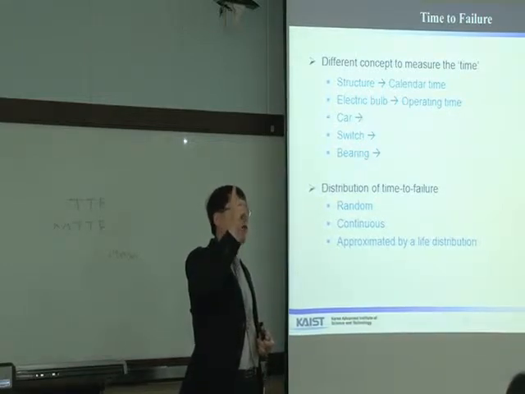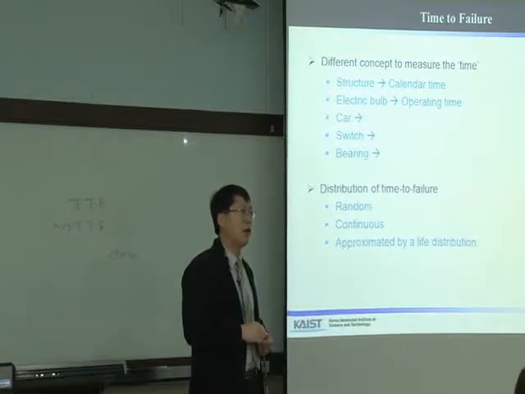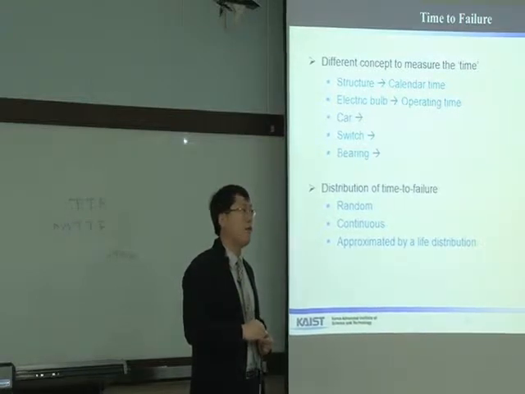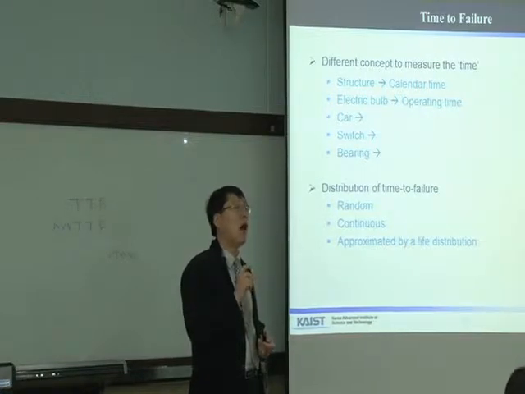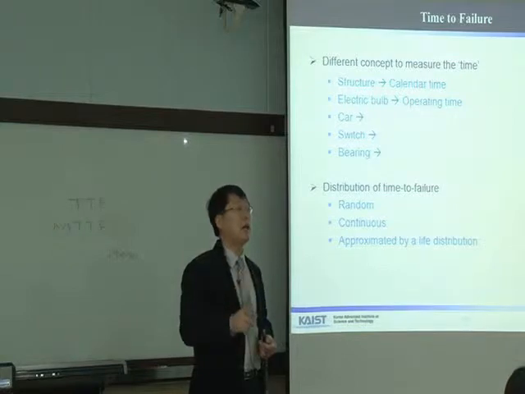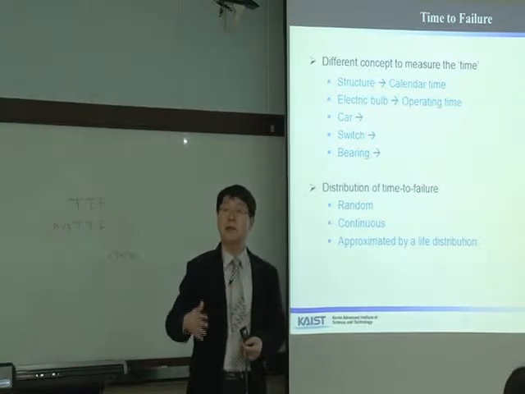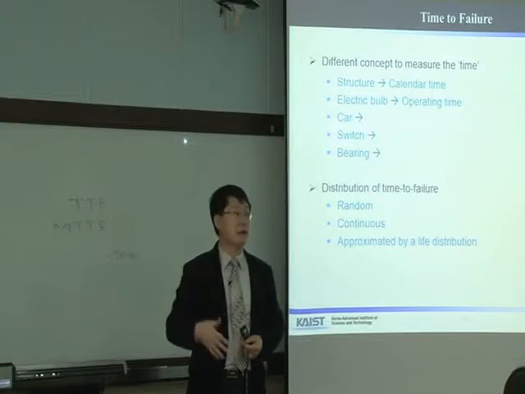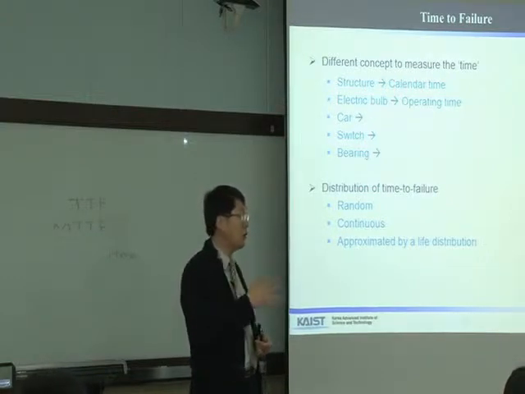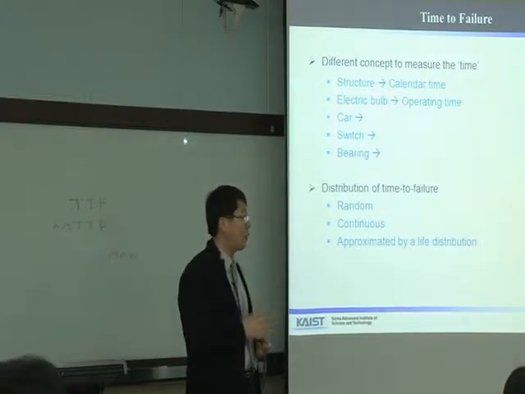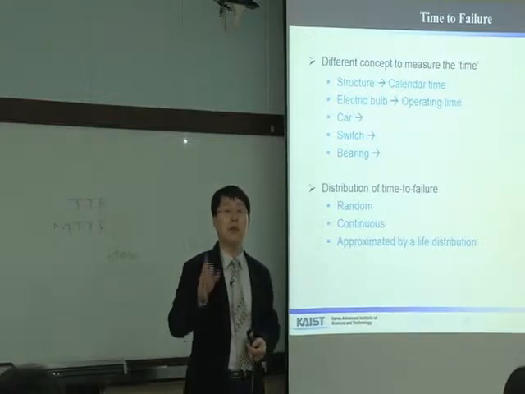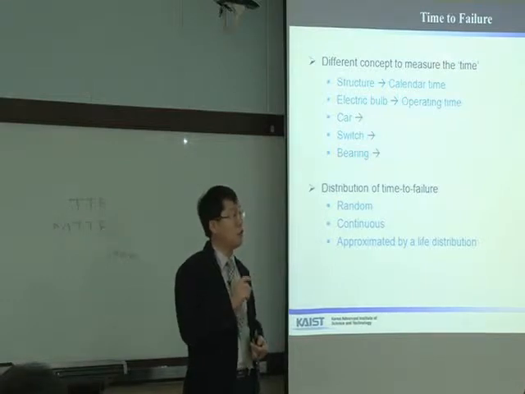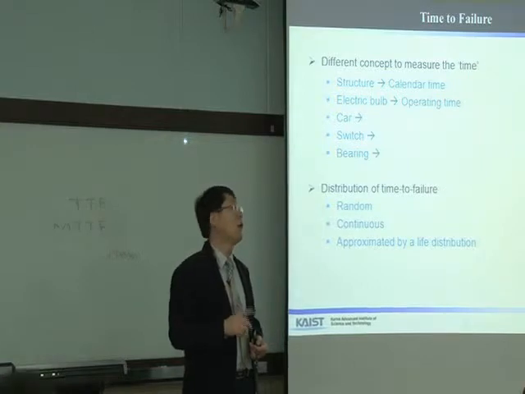If you measure the lifetime of an electric bulb, the calendar time is not proper. We should only consider the time when the bulb is sending light. So we should only consider the operating time. Calendar time has no meaning to the bulb. We only consider the operating time when the bulb is lit.